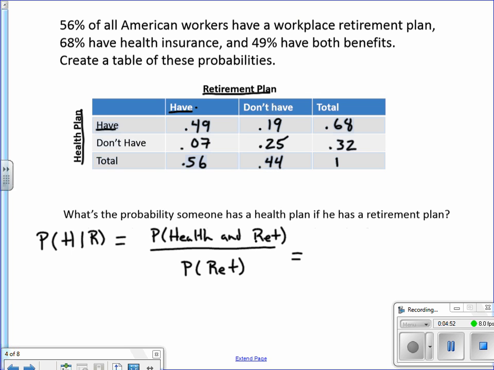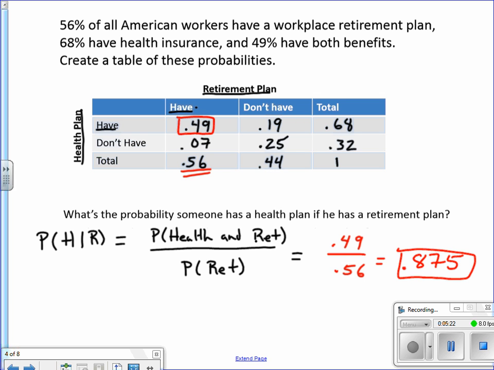So keep in mind your conditional probabilities from earlier today. So the health and retirement, in other words, both, that's going to sit right there in that corner. That's the 0.49. And then the probability that you have a retirement plan. So that's going to be have a retirement plan, 0.56. So with that the probability is 0.875.